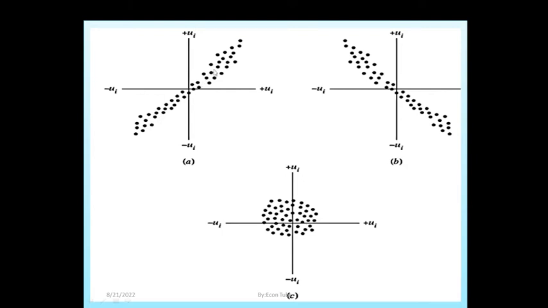If this line passes through the origin, it is going in a positive way, so there is positive correlation. For B, this is a downward slope, so it is negative correlation among the error terms. But in the last diagram, there is no relationship. It is simply scattered, so there is no autocorrelation.